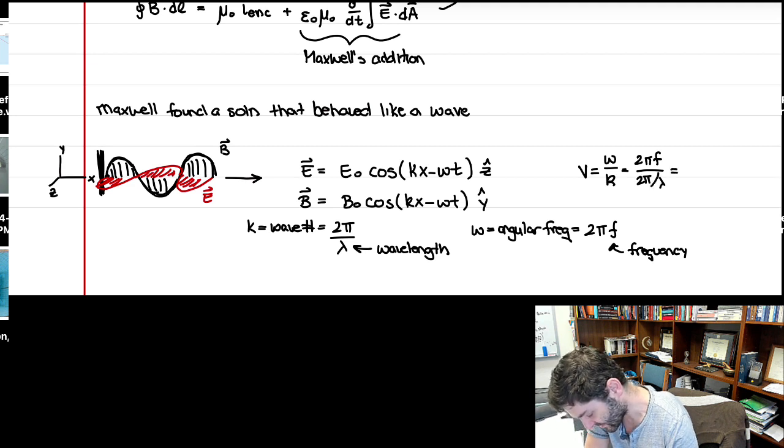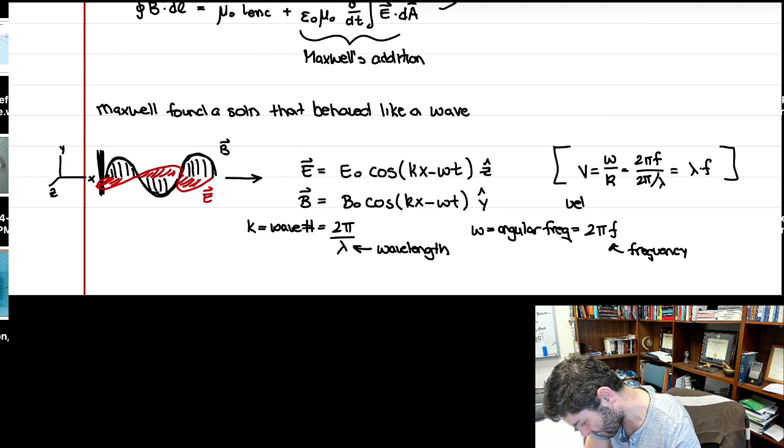The 2 pi's cancel, the lambda pops up top, so this is lambda times f. So the velocity of the wave connects to the wavelength and the frequency.